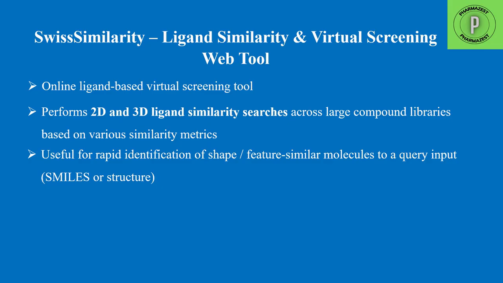In SwissSimilarity also you can upload your structures and search for similar structures across a number of available libraries. This is also a very fast and rapid method where you can identify molecules which have a similar shape to the query ligand. Here you can give the structure in SMILES format or in three-dimensional format also.